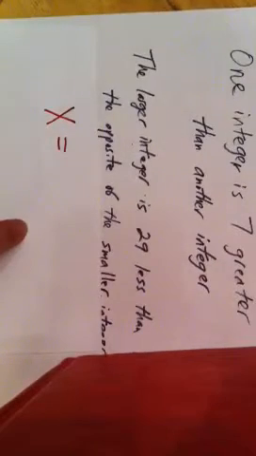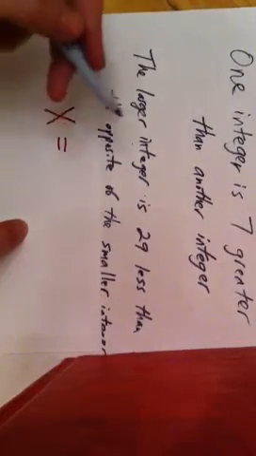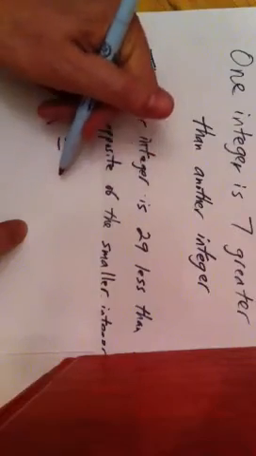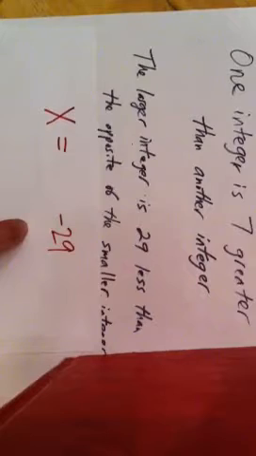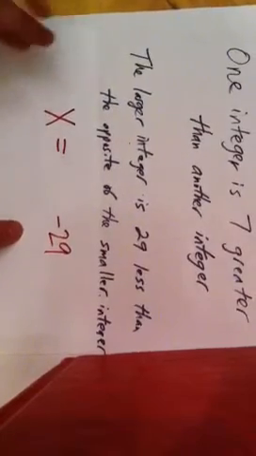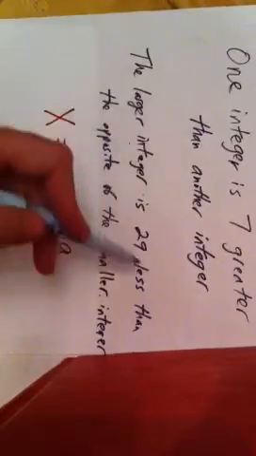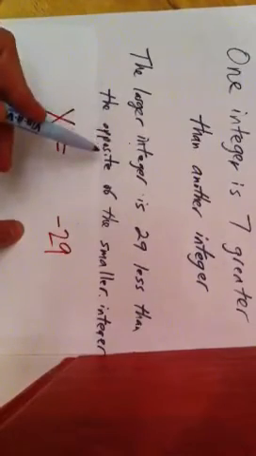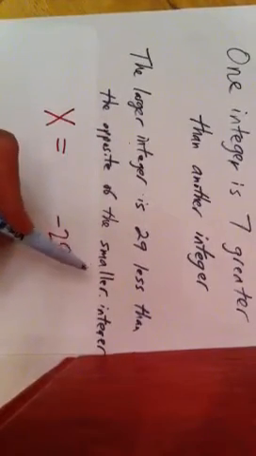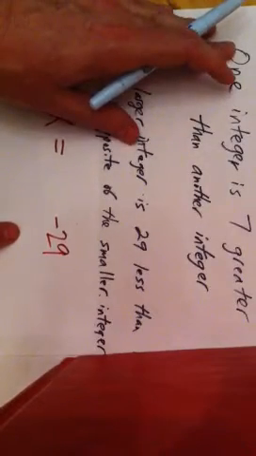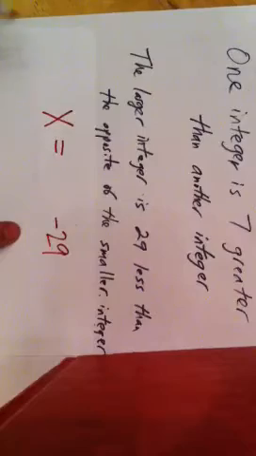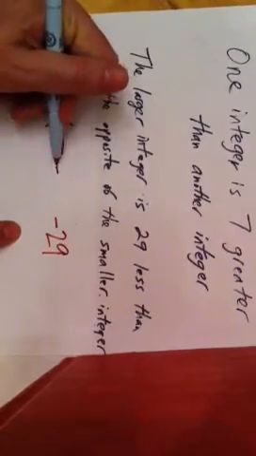Now, 29 less than something means whatever the something is, we're going to have to take away 29 from it. So the larger integer is 29 less than something. Let's see, what is it less than? It's less than the opposite of the smaller integer. Well, when we talk about opposite in English, in math it means negative or minus.